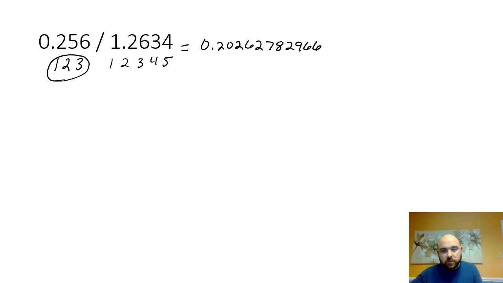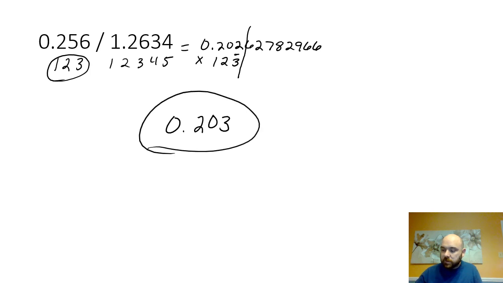The first 0 in this number will not be significant because it comes before any non-zero digits. So our first significant figure starts here, 1. That 0 would be significant because it is in between non-zero digits, and the third one would be that 2 there. So we want to round off at this position. Now we have a case where the number we're rounding off is higher than 5, so we need to round this number up 1. Therefore, our answer should be 0.203 in the correct number of significant figures.